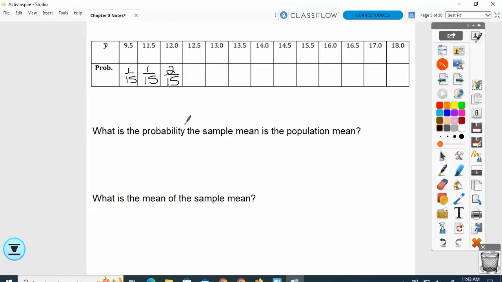All right, sample weight of 12.5. How many times did that come up? Okay, how many times do we get 13? 13.5? 14? 14.5? 2.